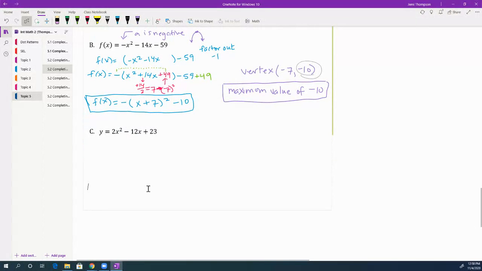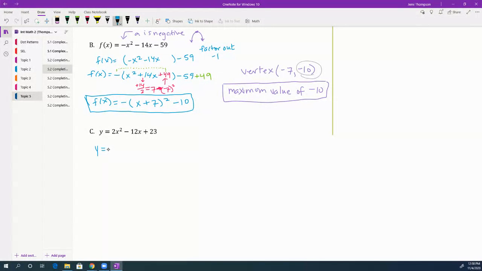All right, we've got one more to do. The difference for problem C is that now I have an A value of 2. So I'm just going to recognize that and move forward with it.